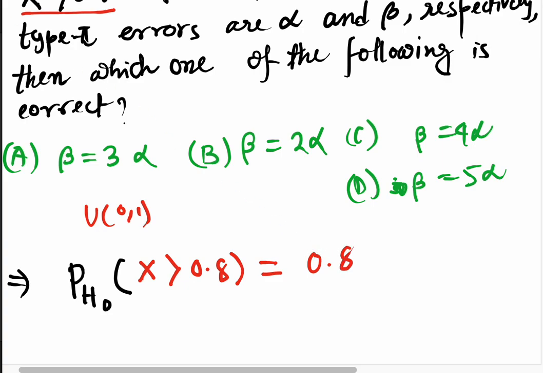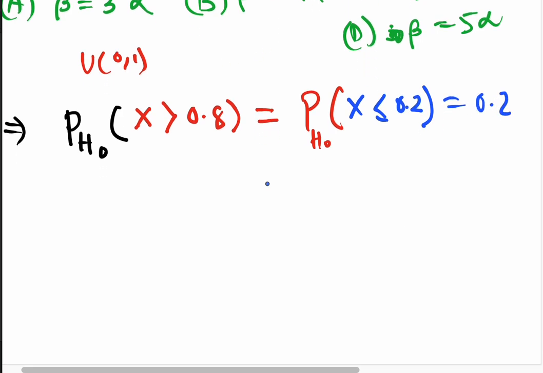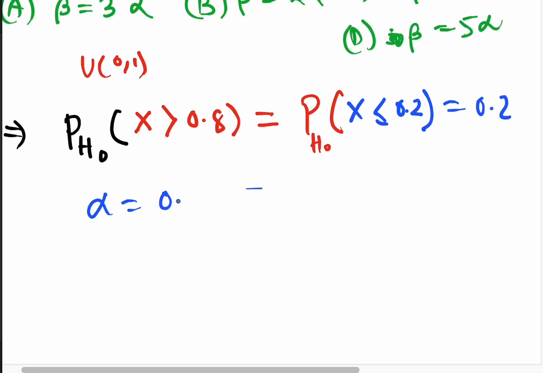Oh sorry, it will not be 0.8. What is x greater than 0.8? That means this is equivalent to 1 minus probability under H0 that x is less than or equal to 0.8. Then this probability will become 0.2. So alpha equal to 0.2.